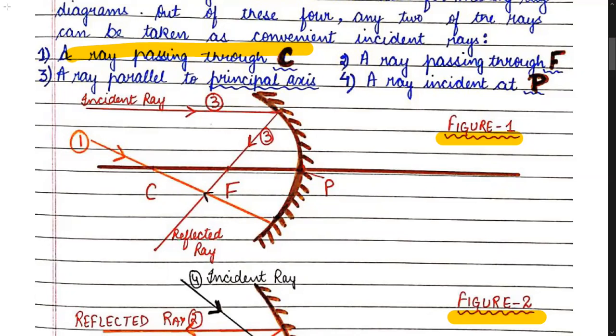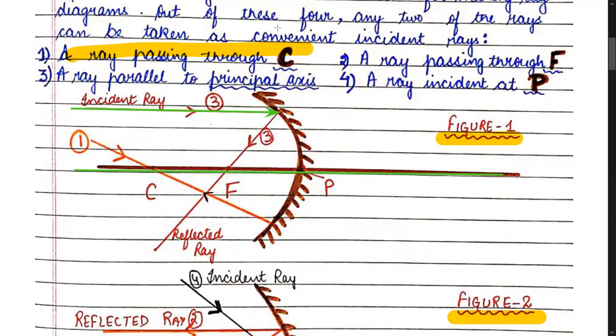Students, now I will first discuss the third rule in the same diagram shown in figure 1. Here, when a ray is taken parallel to the principal axis, the incident ray is parallel to the principal axis. So students, what happens when it strikes the mirror?